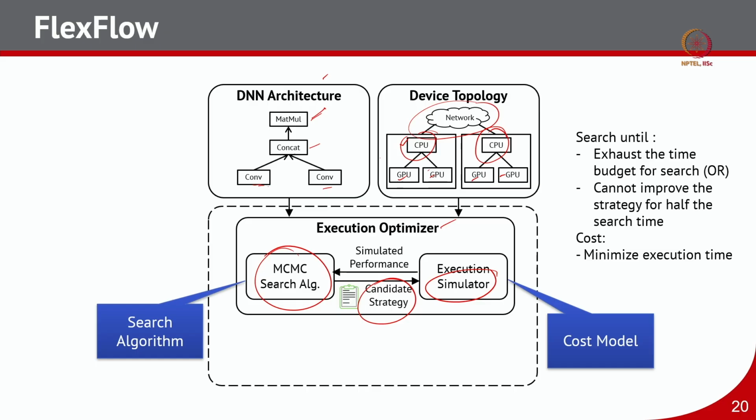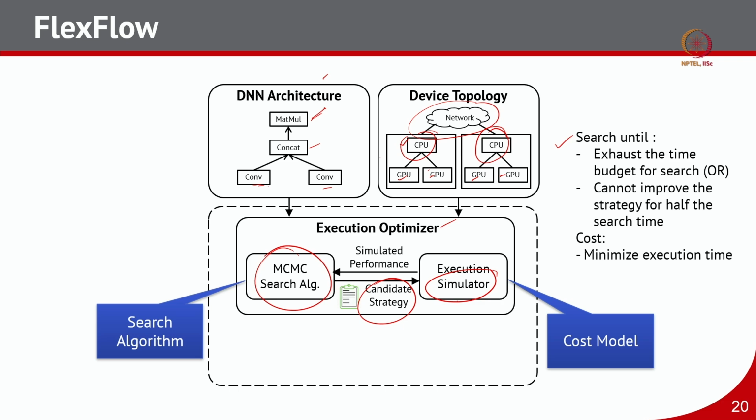Again, that better strategy will be fed to the execution simulator, which will provide the estimated performance of that strategy, and this will go on. This search will continue until it exhausts the time, which might be one time limit for the whole search, for the whole flow.